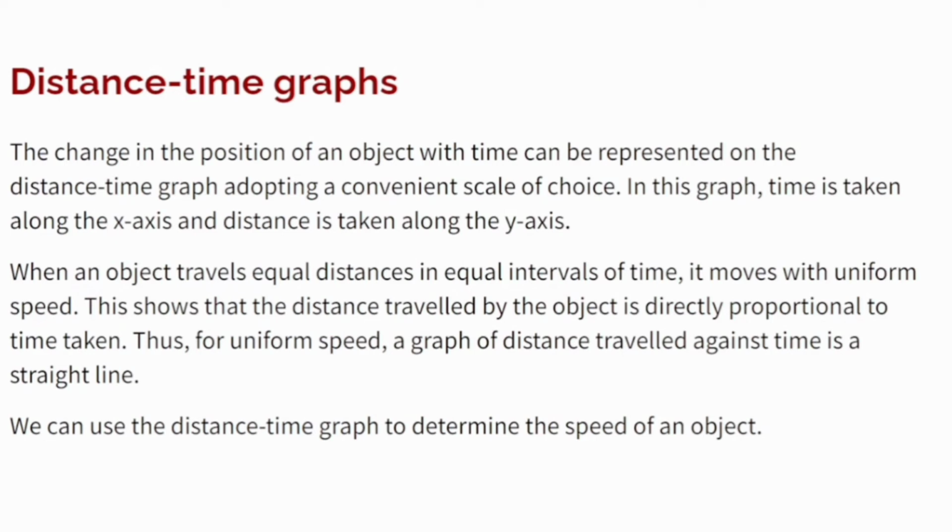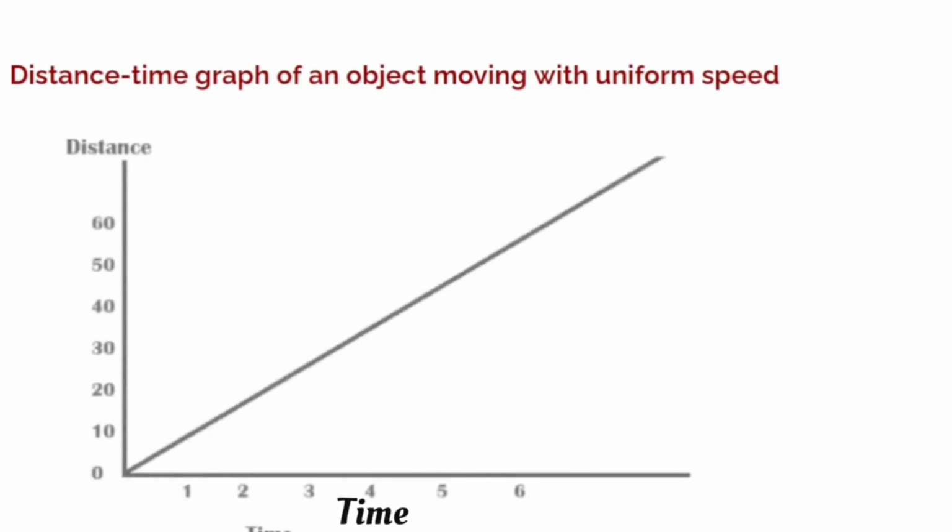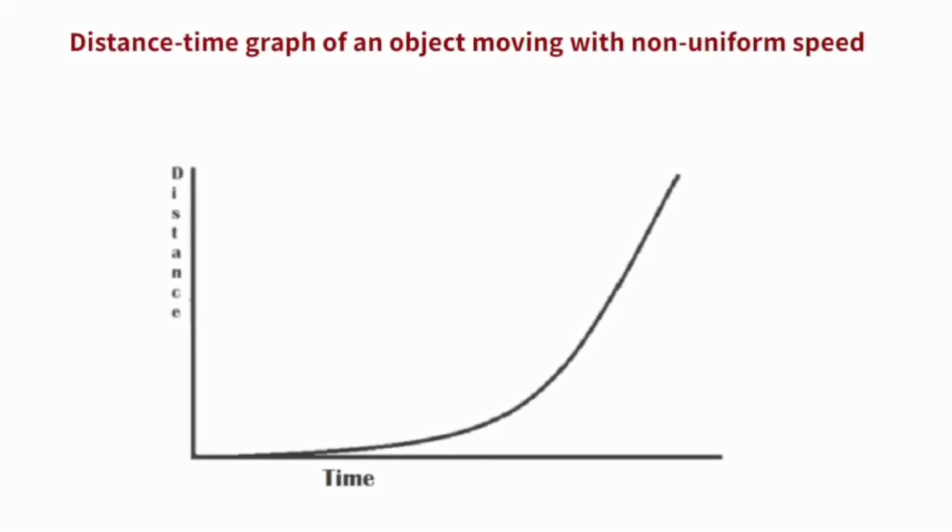Thus, for uniform speed, a graph of distance traveled against time is a straight line. We can use the distance time graph to determine the speed of an object. This is the distance-time graph of an object moving with uniform speed. And here is the distance-time graph of an object moving with non-uniform speed.